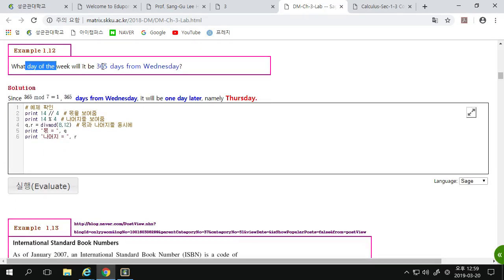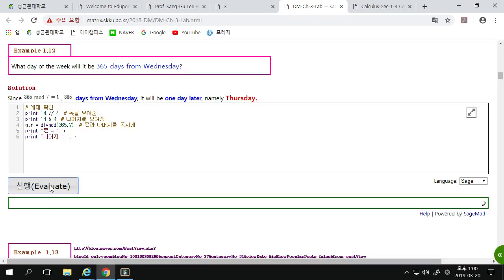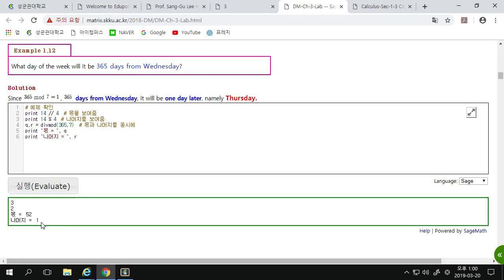What day of the week will it be 365 days from Wednesday? From today, Wednesday. We want 365 days divided by 7. What's the remainder? The remainder is 1.